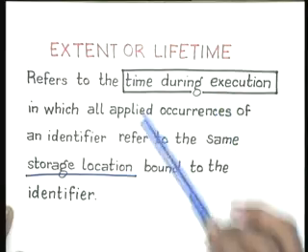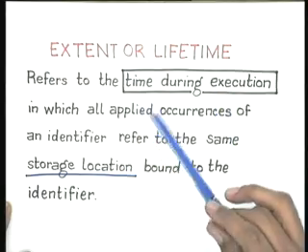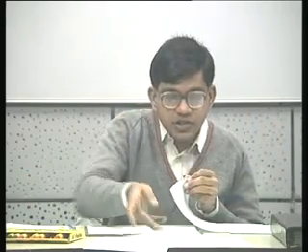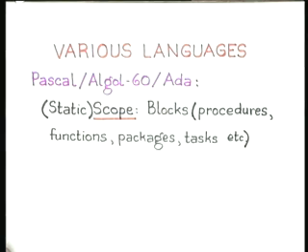It is important to distinguish between these two, because, for example, the global variables of a Pascal program have a lifetime that spans the entire program execution. There are languages, so in most languages, at least the statically scoped languages, you would have blocks.